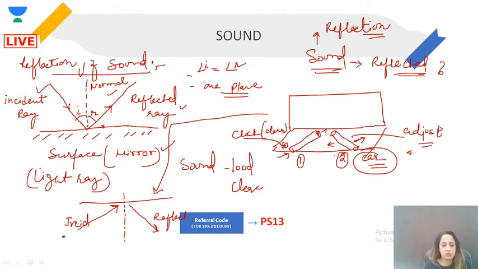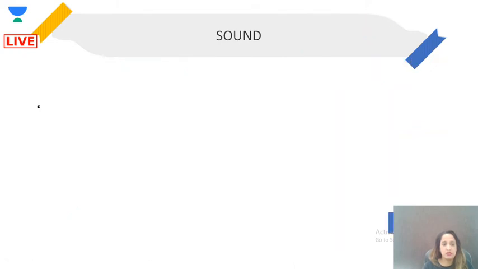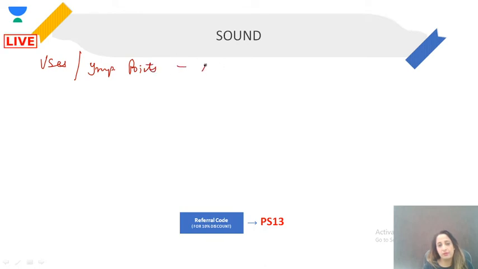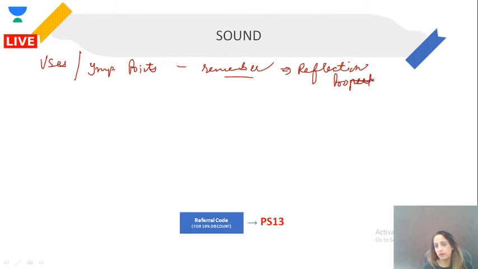So now the next question is, what are the uses, or what are the important points that we have to remember due to this reflection property of sound, because sound gets reflected.